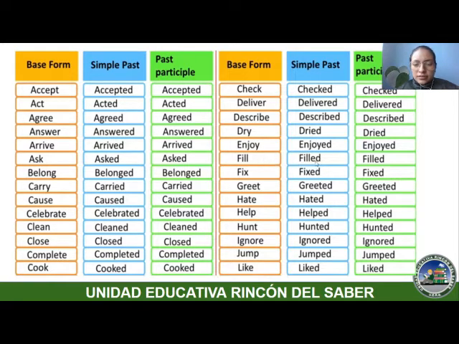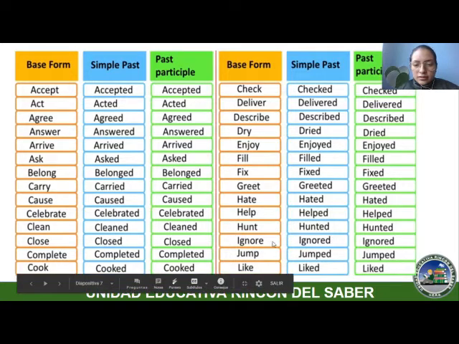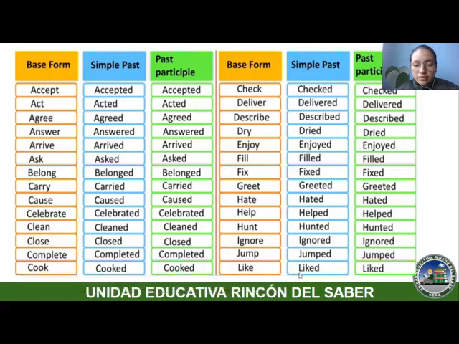Fill, filled. Fix, fixed. Greet, greeted. Hate, hated. Help, helped. Hunt, hunted. Ignore, ignored. Jump, jumped. Like, liked.